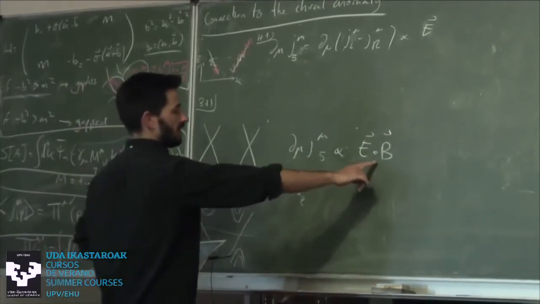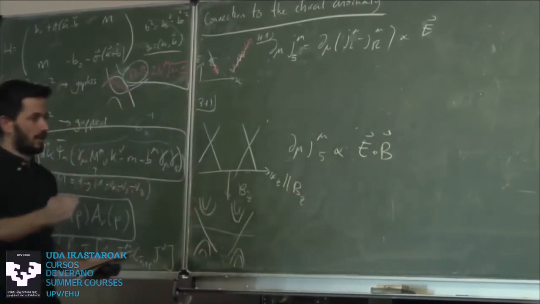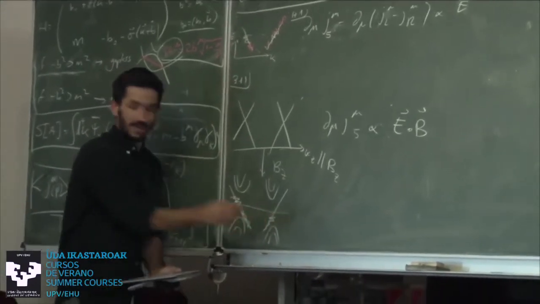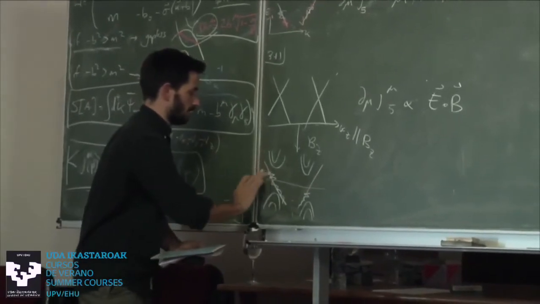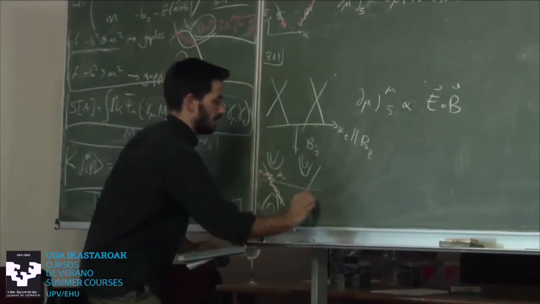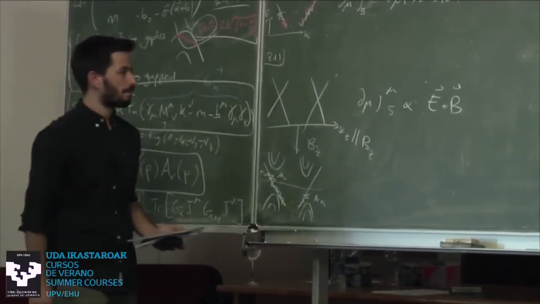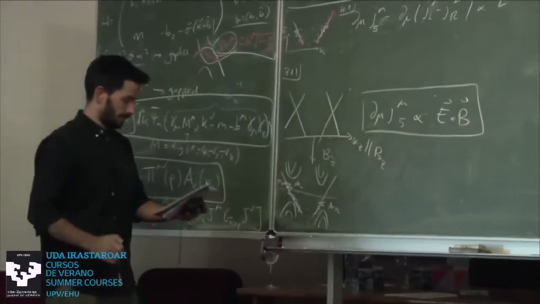So you see that an electric field parallel to a magnetic field induces population imbalance, and that's the mu 5, let's say mu left and mu right, that I need to observe the chiral anomaly. So this is the result.